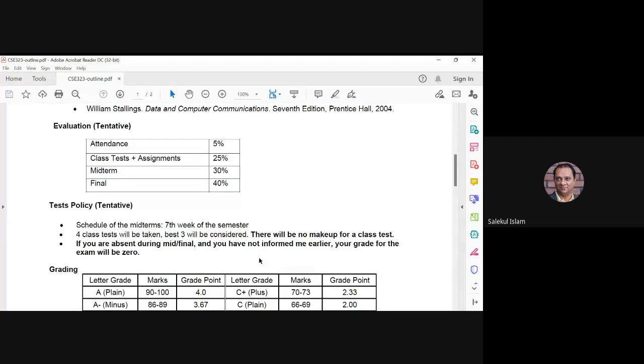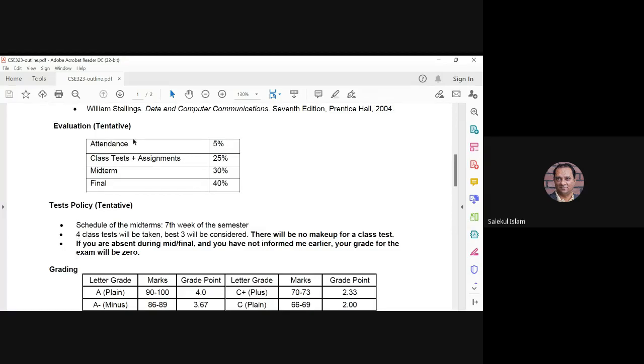Now about the marks distribution, this is the typical marks distribution we follow, and I am expecting that we are going to follow the same one. There will be class tests, and there might be assignments, although I'm not sure whether there will be or not. There will be midterm and final.